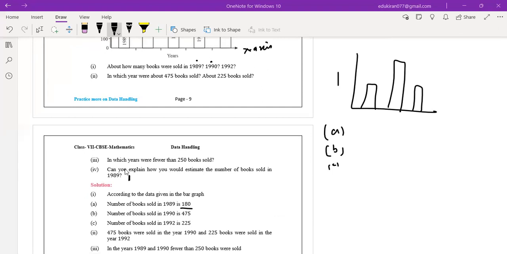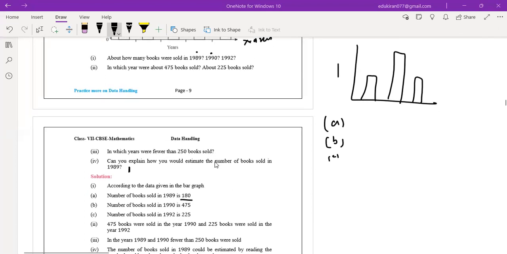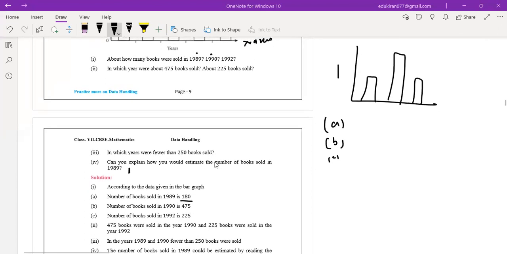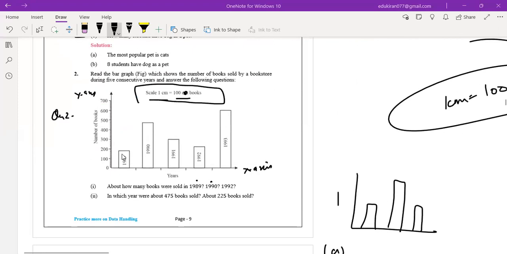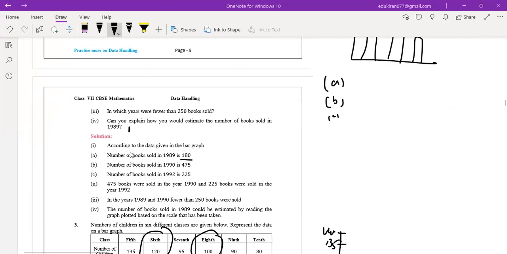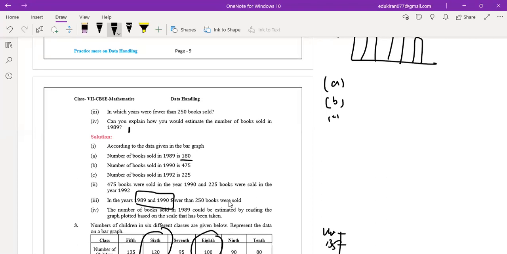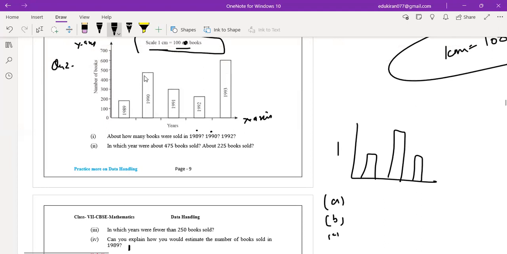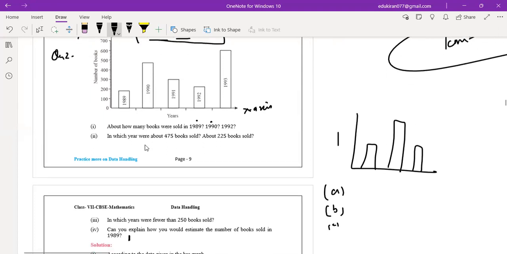Can you explain? In which year were fewer than 250 books sold? 1989 and 1990 as well. 1990 was less than 250.